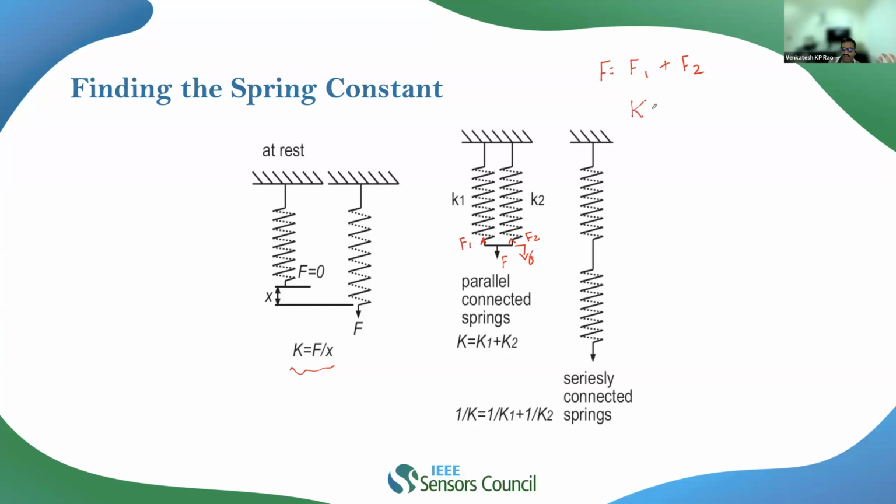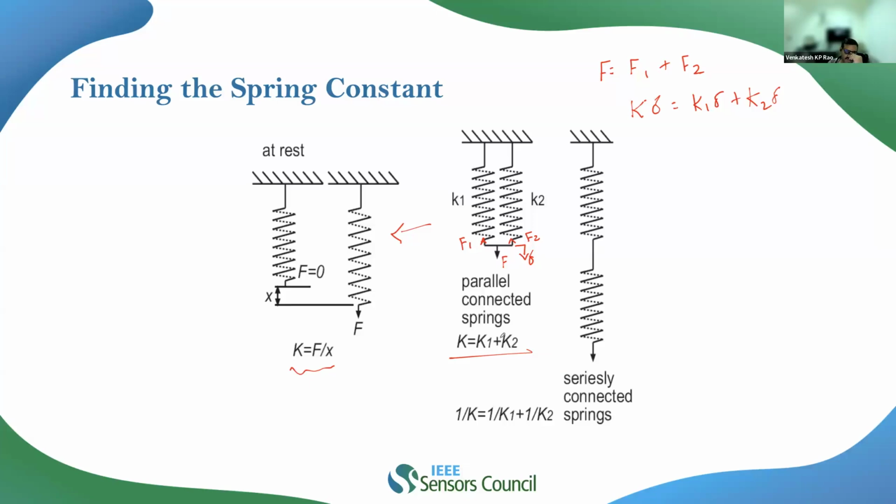If I represent it with an equivalent system K, then F equals K delta, which equals K1 delta plus K2 delta. Then this delta will cancel out. When they are in parallel, the effective stiffness will be much more than the individual stiffnesses under consideration.